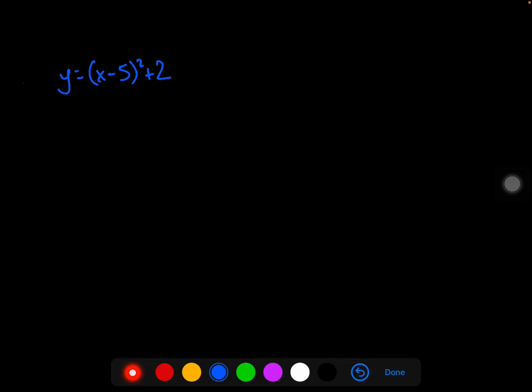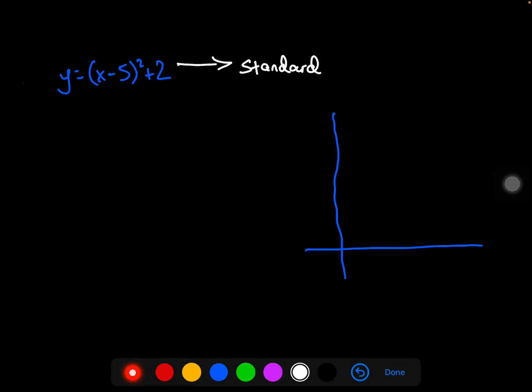And we know we can find the vertex here very simply, but let's say we want to know the y-intercept. Well, the easiest, simplest way of finding the y-intercept is to convert this to standard form. To convert to standard form, we have to expand. Our first step is going to be expand.